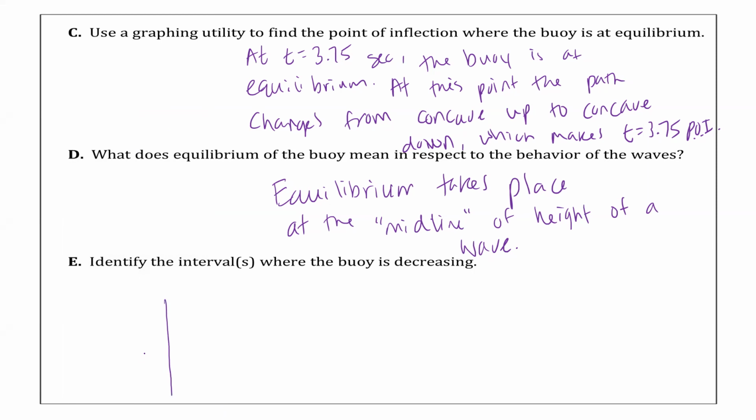We're going to use what we know so far from the graph. So let's just make our own graph. We identified that we had our low down here, halfway. We talked about how our equilibrium was at 3.75. And before the calculator went crazy, we had a maximum here at 7.5.